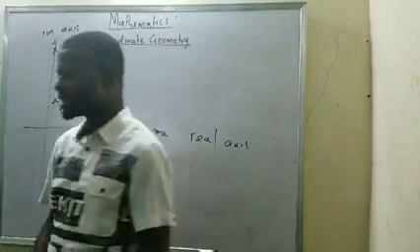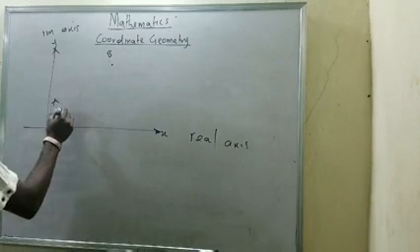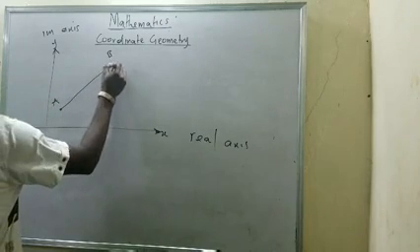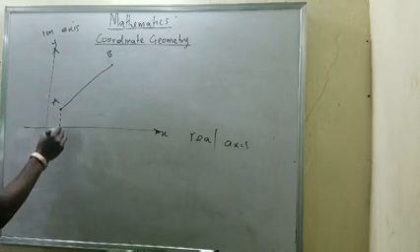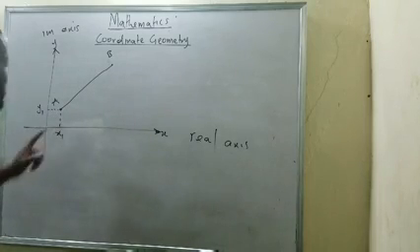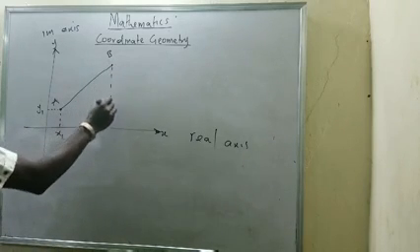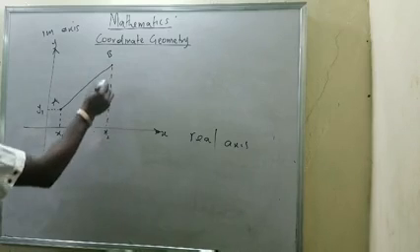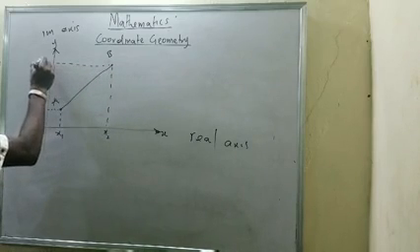I want to find the distance between these points. Now, this one, we call it x1. This one will be y1. A number is forming here. This one will be x2. This one will be y2.